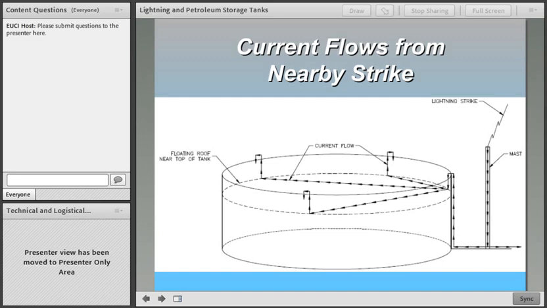And I would like to just point out that these illustrations can be found in API standard 545A. In the standard, we attempt to explain how these lightning currents flow across a floating roof tank.